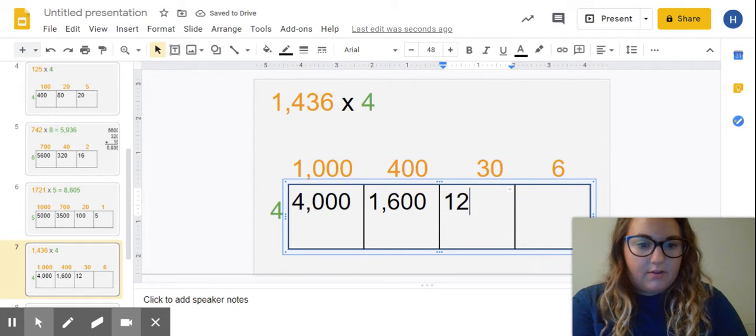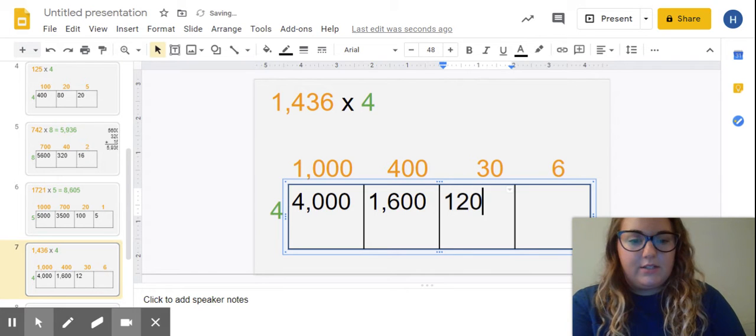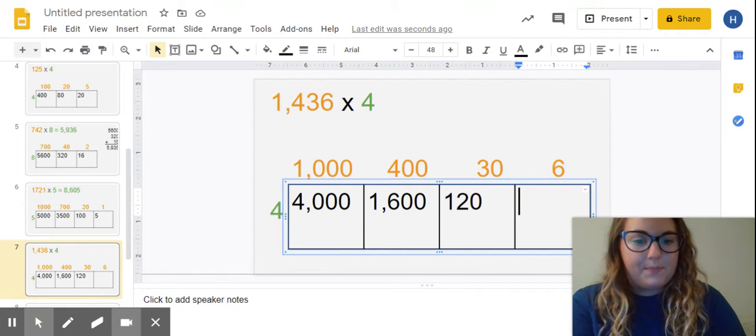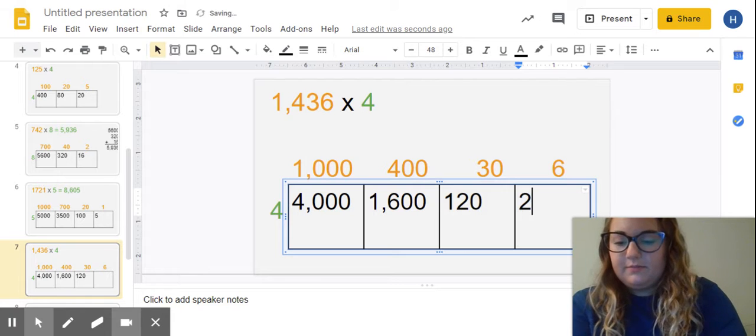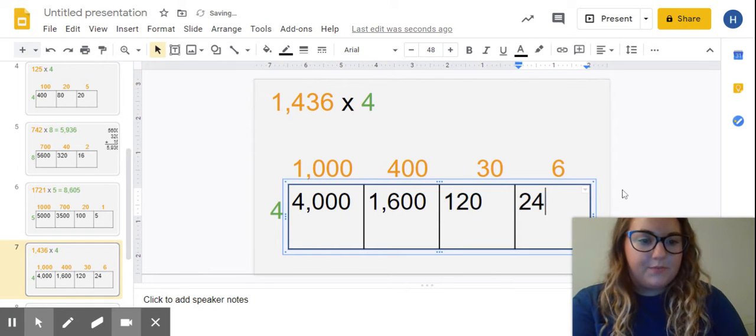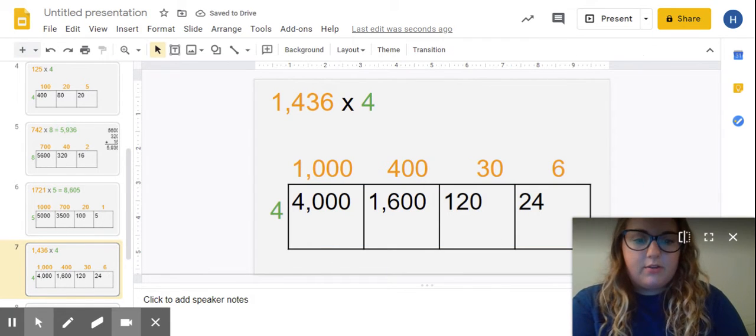I have a 0 at the end, which means I need to add a 0 to the end of my 12, making it 120. And to finish off, 6 times 4 is 24. So I have my area model completed.